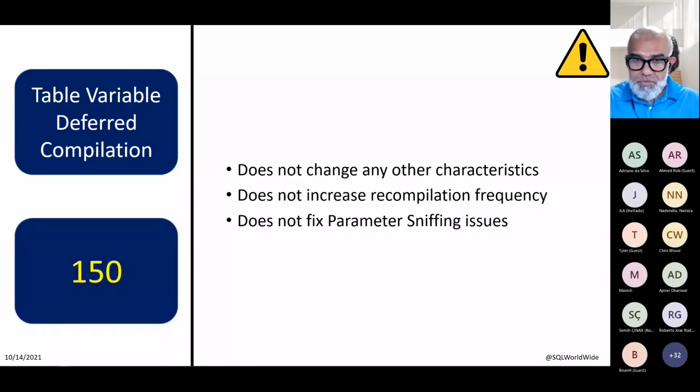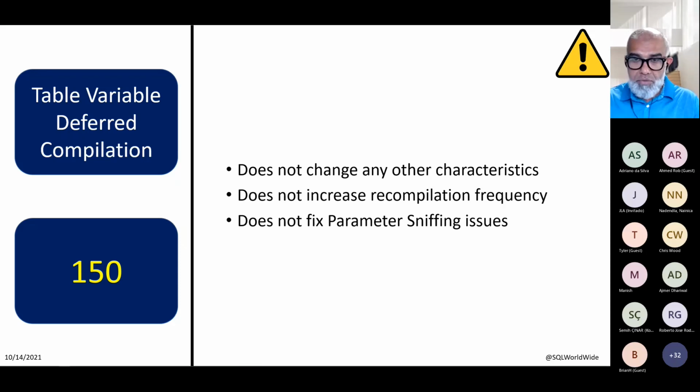This feature does not change other restrictions that come with the table variable. And it does not fix the parameter sniffing issue, because the plan that gets into the cache is based on the initial deferred compilation, which happens the first time.